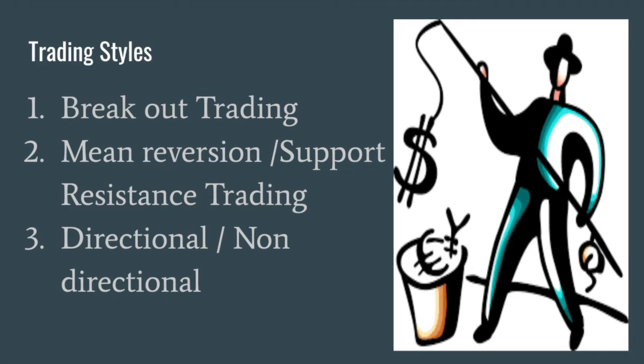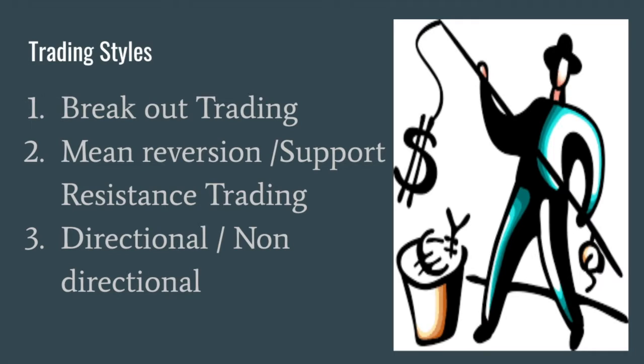So that waiting act, or getting the signal, may fit into the psychology of some of the traders, while some others would like to go for mean reversion, or sometimes it's known as support resistance trading.